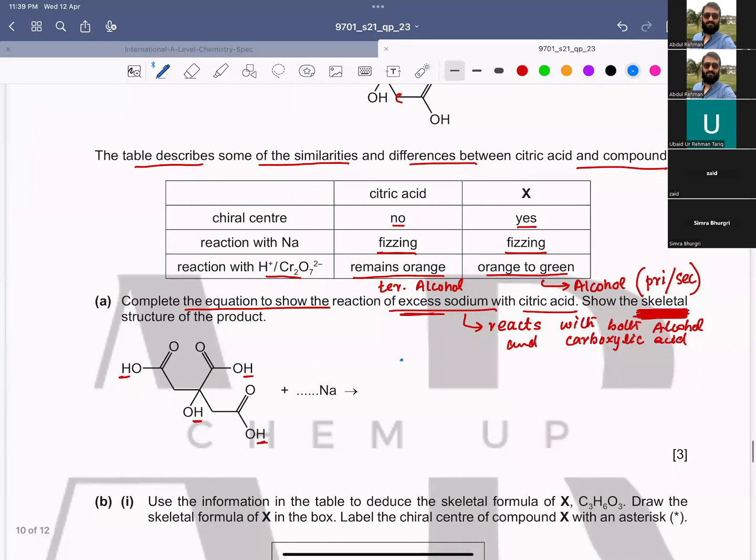So the whole structure remains the same, but we don't put an H wedge where they are bonded to oxygen. And instead of H, we put Na.